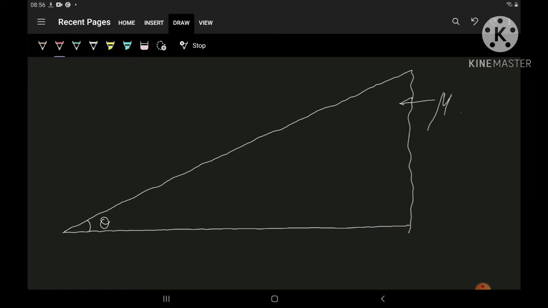Suppose AB is an incident light beam with some angle of incidence I.